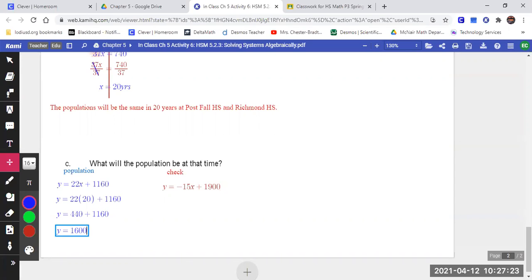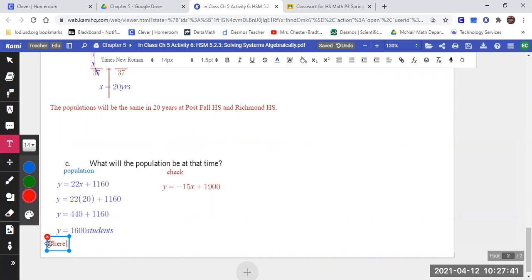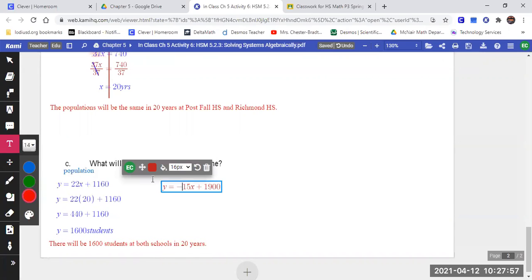You got to tell what their units of measurements are. Students. Okay, so we need to answer their question. There will be 1,600 students at both schools in 20 years.